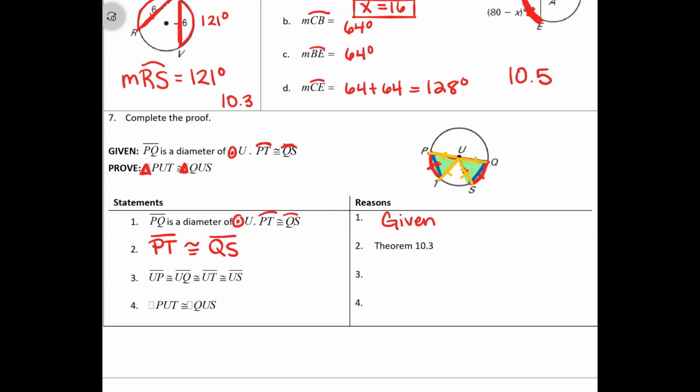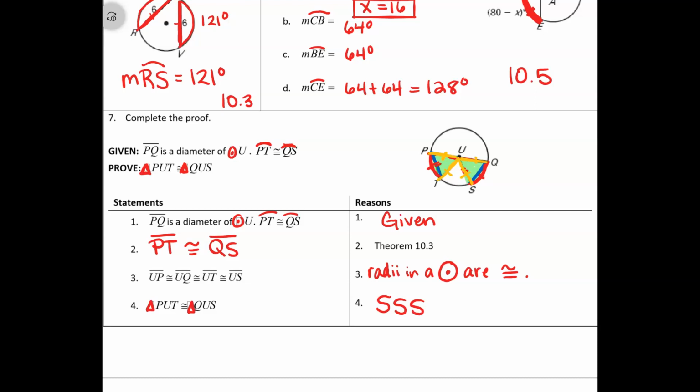They are all radii. So we are simply going to say radii in a circle are congruent. Those all four pieces are radii. So now we have triangle PUT is congruent to triangle QUS because we have side, side, side.